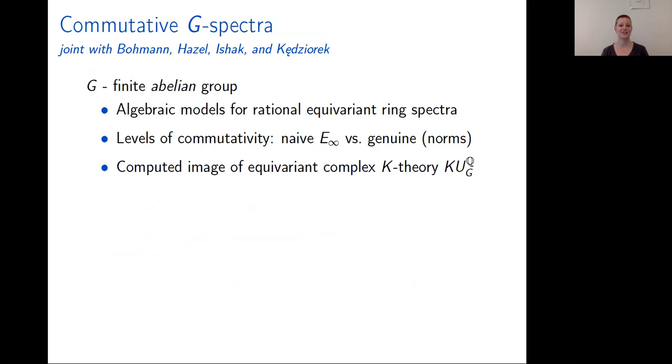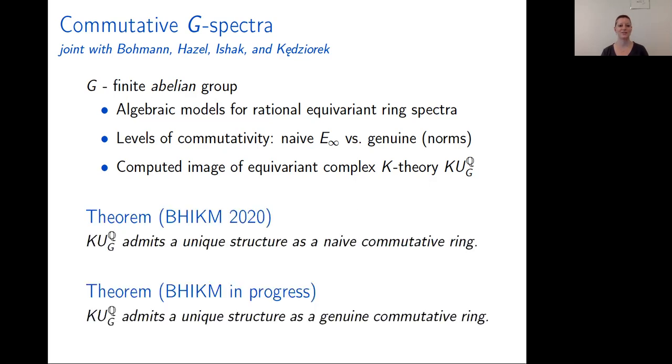You might have naive E-infinity commutativity, or you might have the best kind, genuine commutativity, with all the norms. In this work, we computed the image of equivariant complex K-theory, KU, and through that computation, proved the following result, that in fact, KU admits a unique structure as a naive commutative ring.